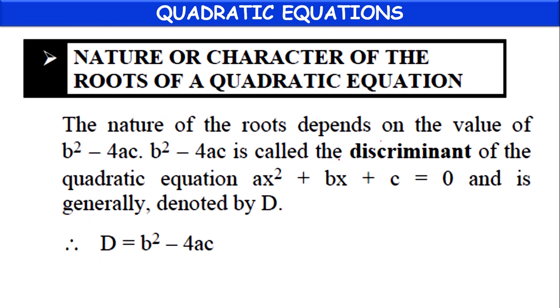So here, children, the general form of a quadratic equation is ax square plus bx plus c equal to 0.